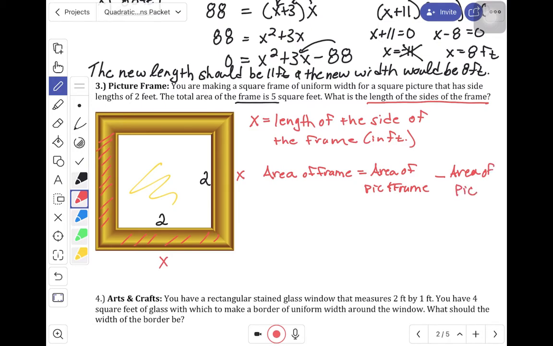It's kind of like we're punching a hole in the whole area to just get the area of the frame. That area of the frame, you might recall, was given to us in the problem. The area of the frame itself was 5 square feet. So that's just that building material right in there.